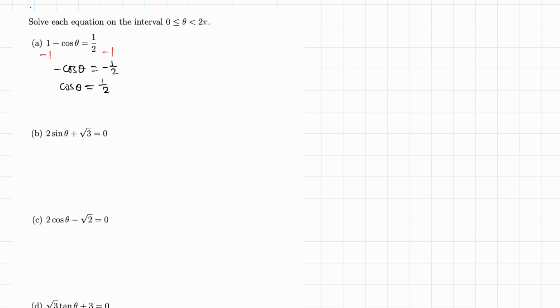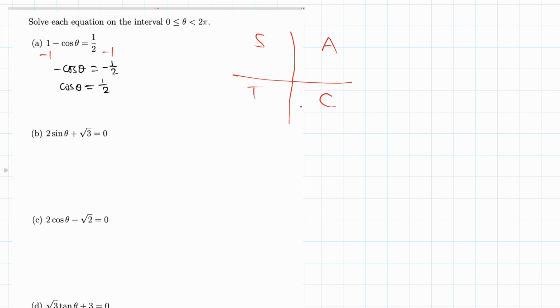So this is the unit circle, kind of, because 0 to 2 pi. We know that all students take calculus. That's the rule for sine and cosine being positive or negative, and cosine is 1/2.